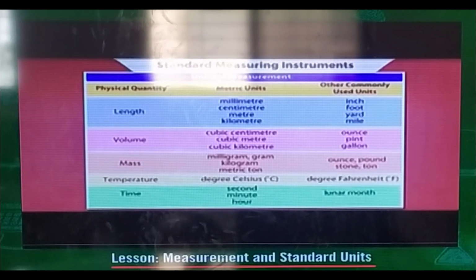The units we generally use in India are known as the metric units. The table shows some physical quantities and their units commonly used in the world.